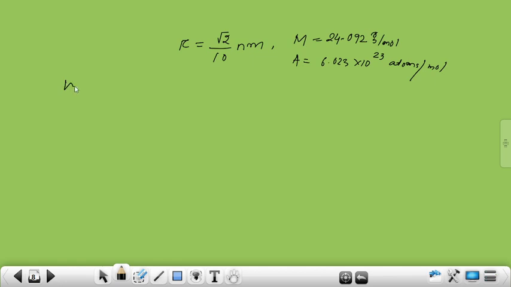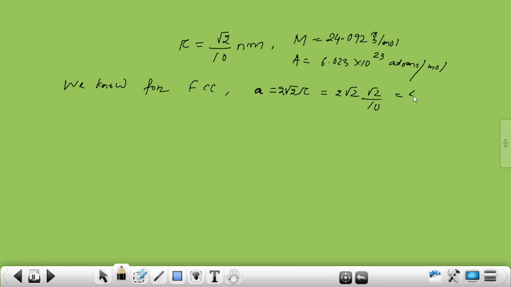For face-centered cubic, we know a is equal to 2 root 2 times R. This is the unit length or axial length, which is equal to 2 root 2 R. That means 2 root 2, and R value is root 2 by 10.